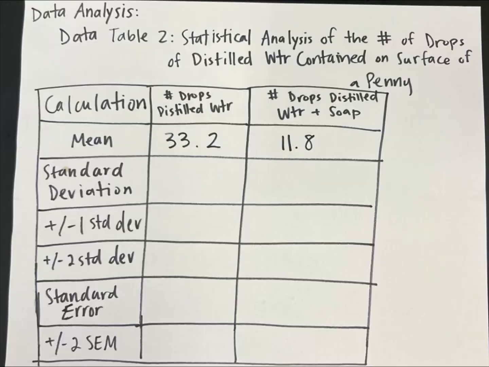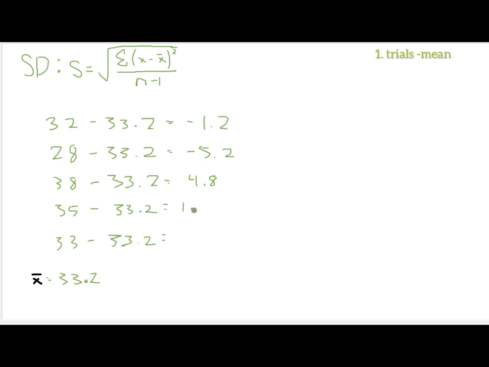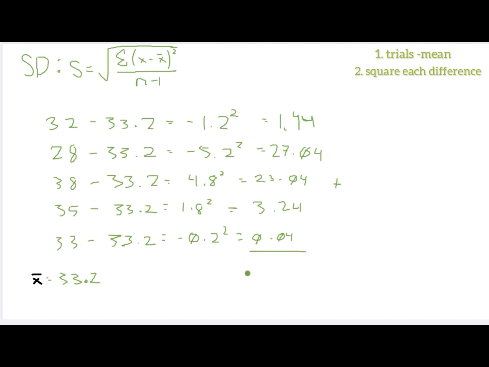And now we're going to solve data table 2, which is the stats part of our lab. So we're going to find standard deviation first. We're going to take all the trials of our control group and subtract them by the mean, which is 33.2. And then we're going to square all of the differences. And then after we square them, we're going to add all of them, and we get 54.8.